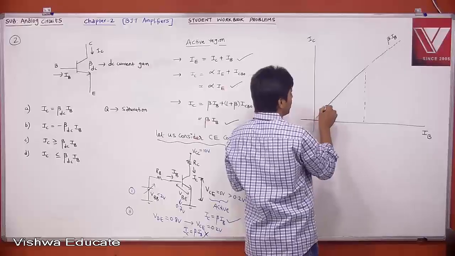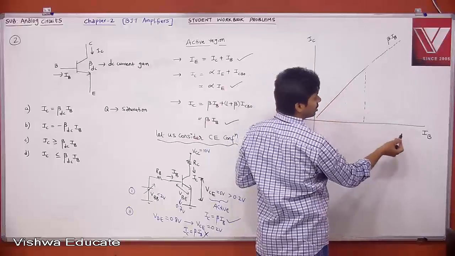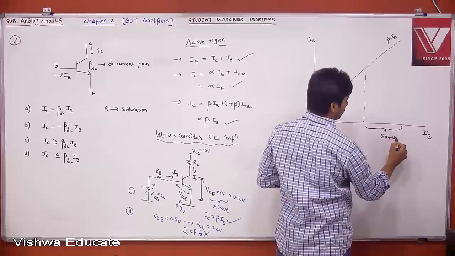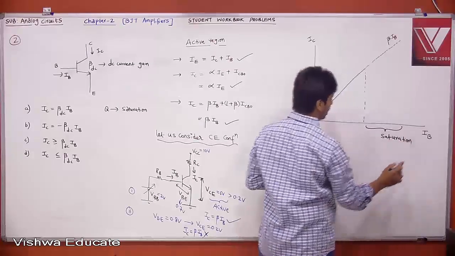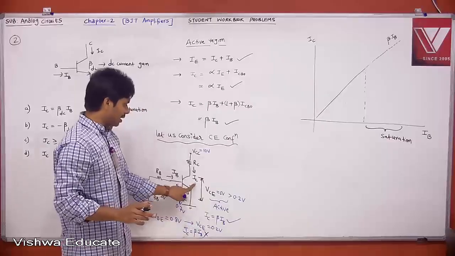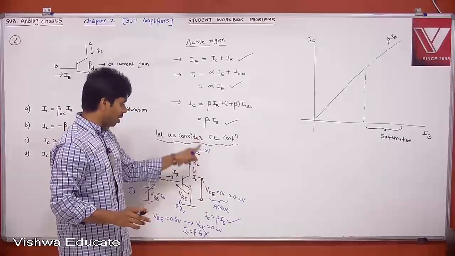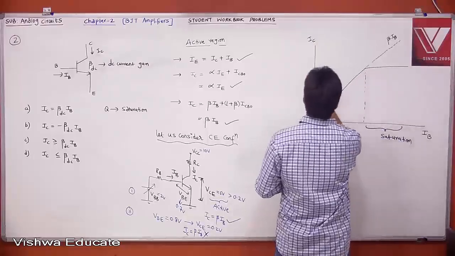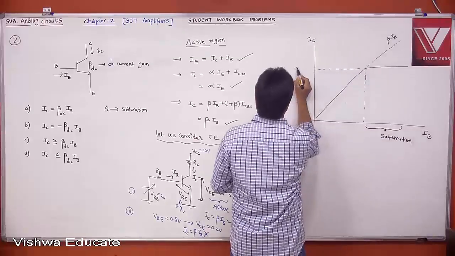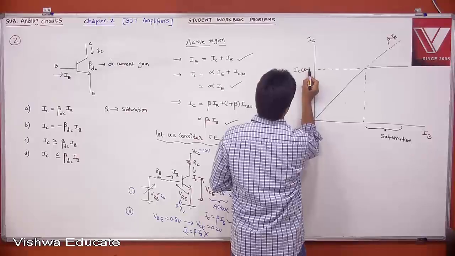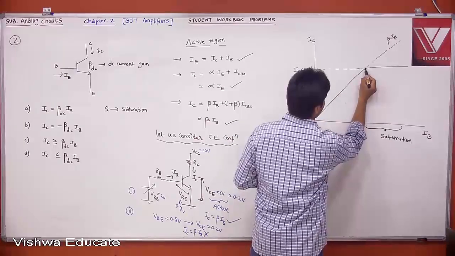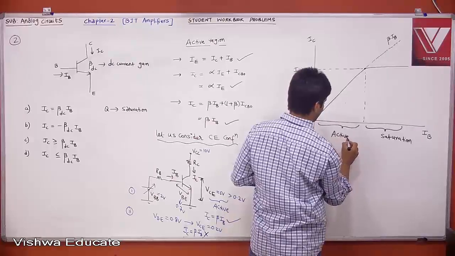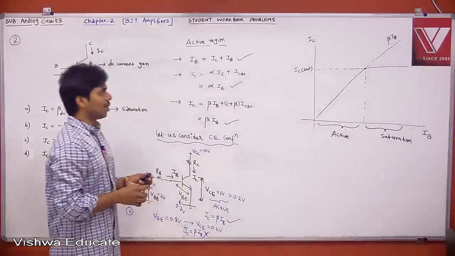Your IC will be tracking it till it enters saturation. Let us say this is your saturation point or saturation region. Once the transistor is entering into saturation region, your IC is constant. Your output loop is not having any variable. Therefore, your IC will be constant. This is our IC sat. And till this point, this is in active region. Therefore, tell me what is the answer. Now you can say the answer.